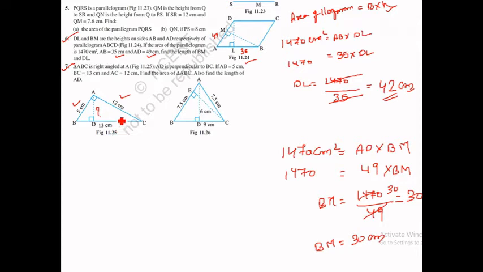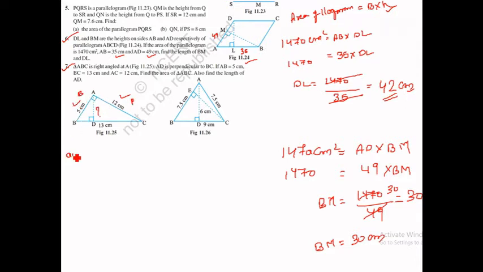Okay, so first we have to find which one is perpendicular and which one is base. If I consider this triangle ABC, I can say that AC is perpendicular to AB. Then AC is your perpendicular and AB is your base.